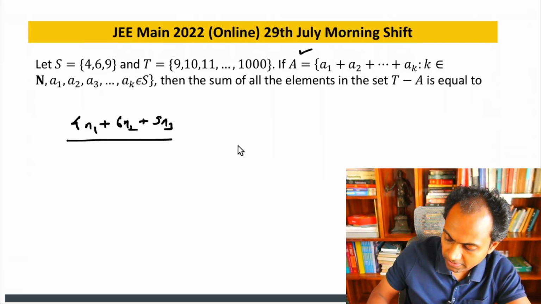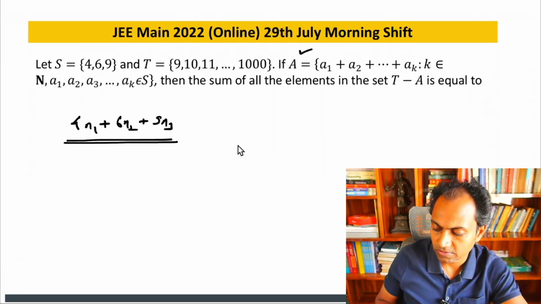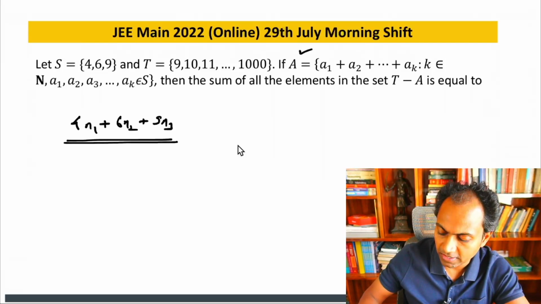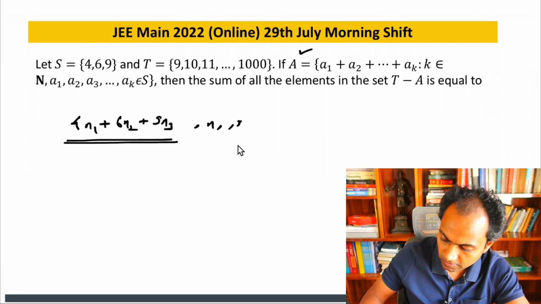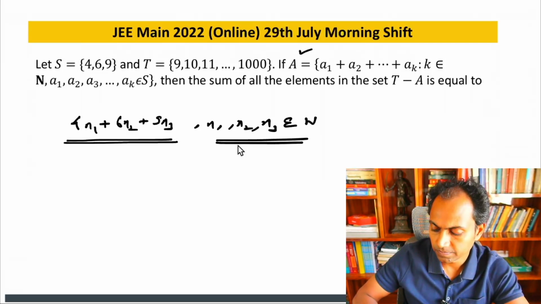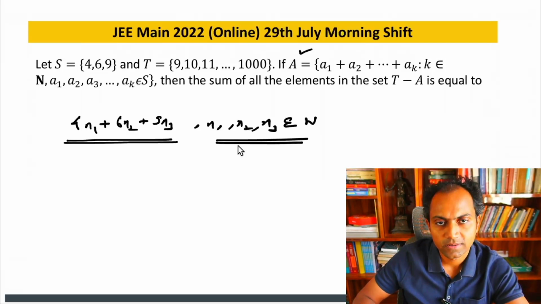So any element will look of this nature once you have added all of these up. So this is how any element in set A looks like. Now here the value of n1, n2 and n3 would be nothing but a whole number. And for the matter, since it starts with 9, you can see that assuming, it is fine.